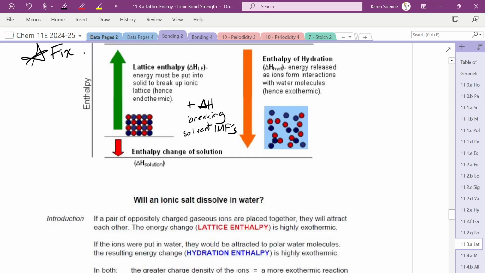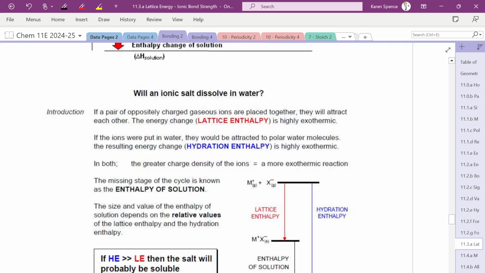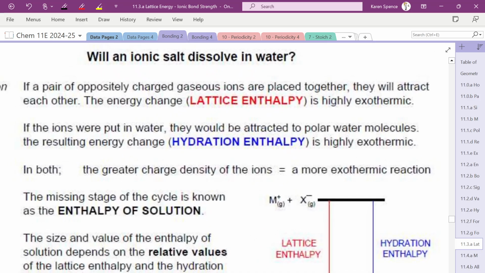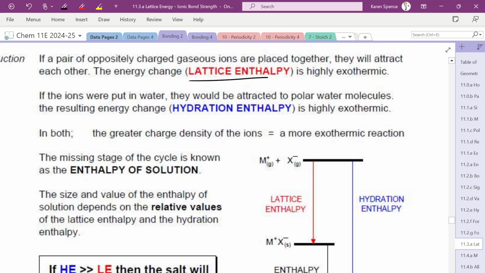So if we're asking ourselves, will an ionic salt dissolve in water? If we have a pair of oppositely charged gaseous ions that are placed together, they attract each other. That's our lattice energy. If we put those ions in water, that's our hydration enthalpy.